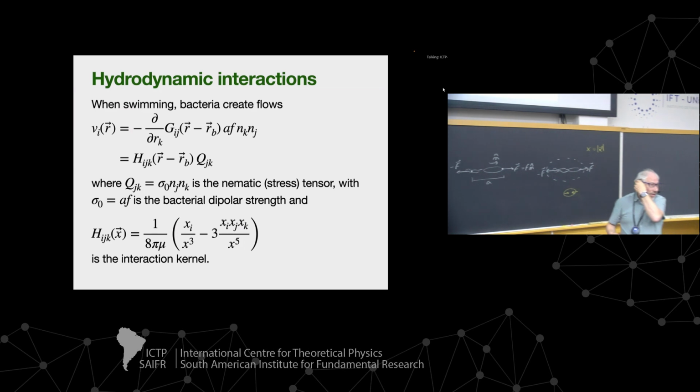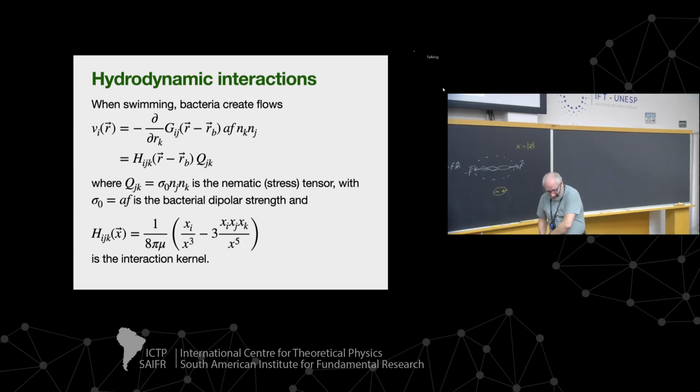Now you can think that every point of the flagella is generating some forces on the fluid, and the body is also generating some forces. So you have many forces acting on the fluid.